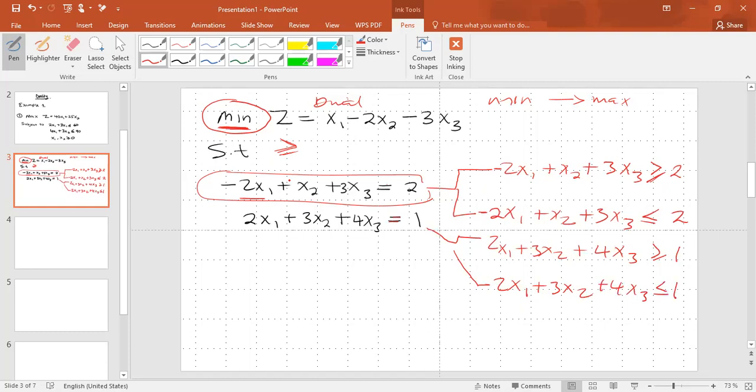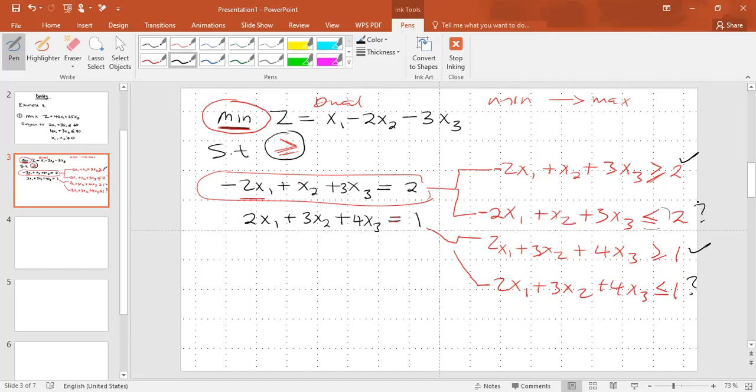Now on the third paper, since it is minimum, it should have greater than. So we check the ones with greater than. This is greater than, and this is greater than. But the one with less than, this less than needs to be greater than.